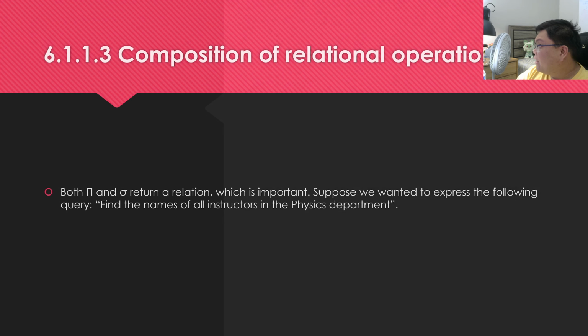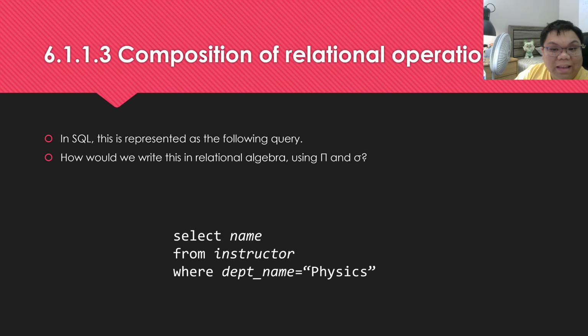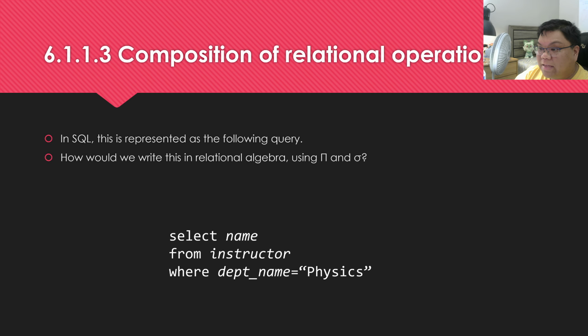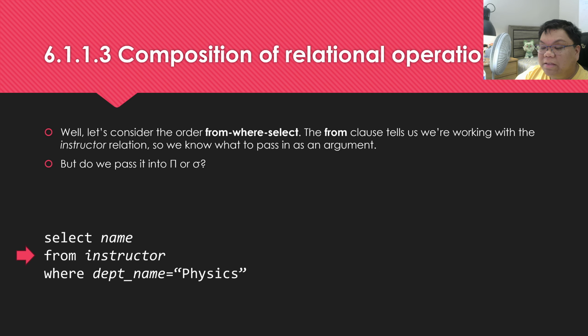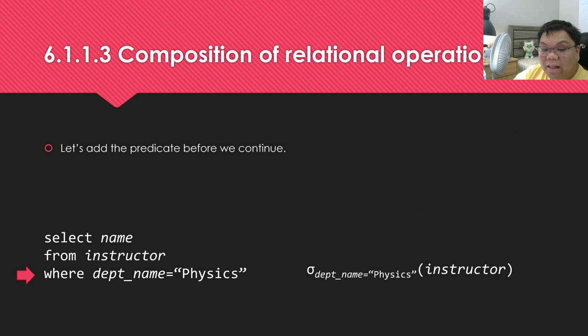And there we go. And we've also seen an example of how you can convert a query into an equivalent expression using relational algebra. So we take this example query, evaluate it in the order of from, where, select. The from clause tells us we're working with the instructor relation. The where clause tells us we're going to pass it into sigma, and the predicate is department name equals physics.